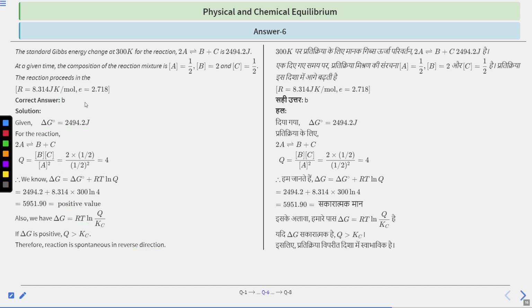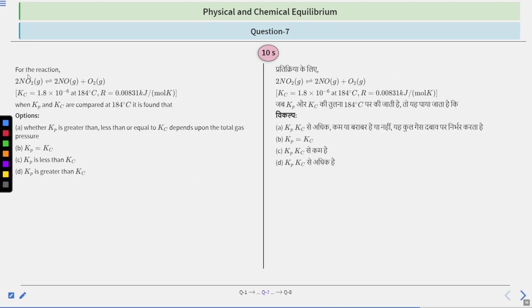Okay, let's move to the next question. Question number 7. For the reaction 2NO2 will give you 2NO plus O2, Kc is given at 184 degrees Celsius and R is given. So when Kp and Kc are compared at 184 degrees Celsius, what is found?